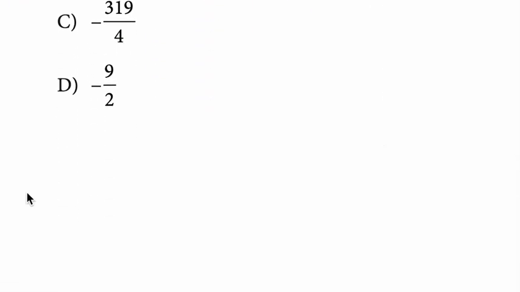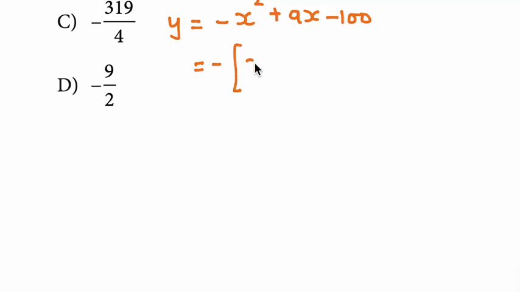Now let's do the vertex form first. For that we have to complete the square. So let's write the equation. y is equal to negative x squared plus 9x minus 100. Step by step, first, I'll just make the coefficient of x squared positive. You can solve this question otherwise, but this is some comfort.